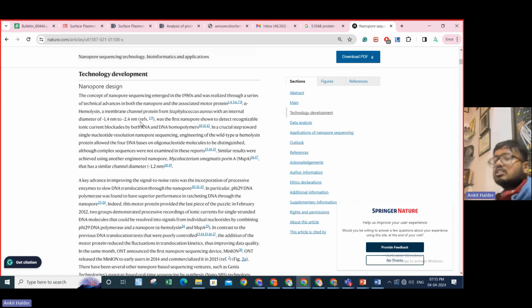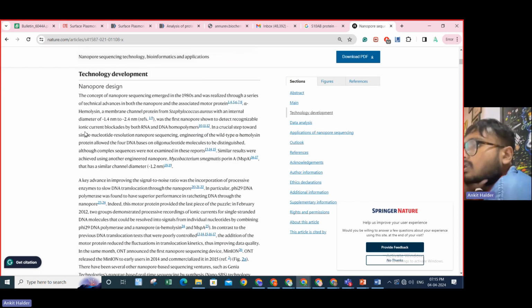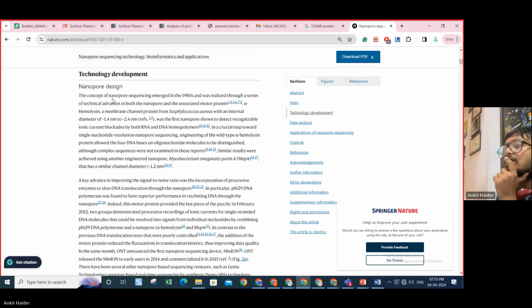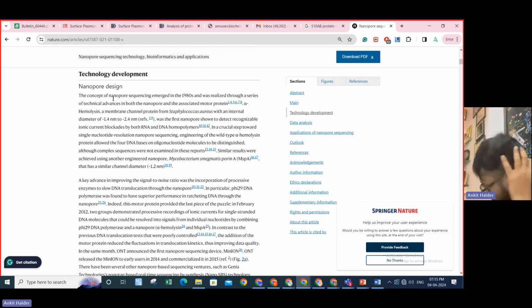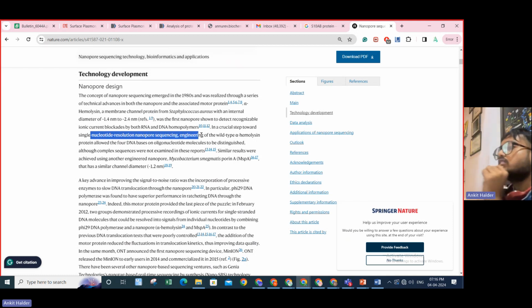With an internal diameter of 1.4 nanometers to 2.4 nanometers, alpha-hemolysin of Staphylococcus aureus produced recognizable ionic current blockades, a crucial step for single nucleotide resolution, and engineering of the wild type alpha-hemolysin protein allowed discrimination of the four DNA bases.